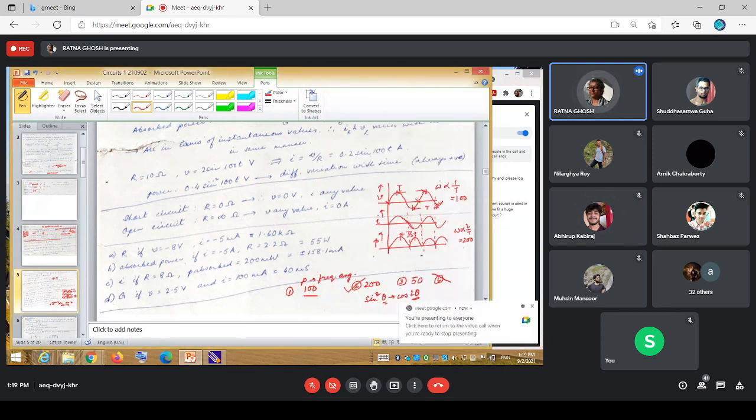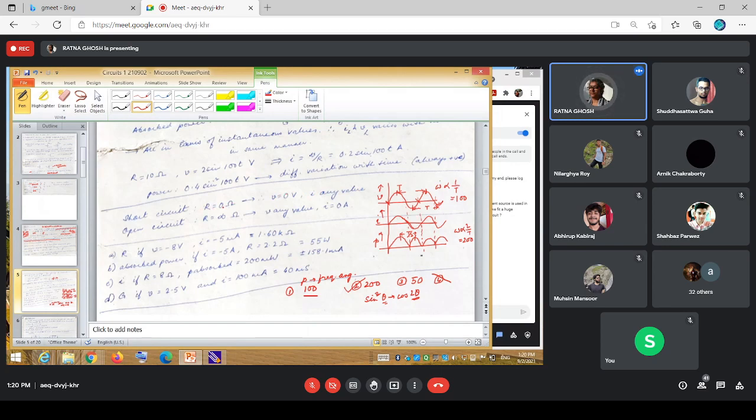Now, when we are talking of two extreme cases, short circuit or open circuit, in terms of resistance values, short circuit means resistance is 0. Open circuit means resistance is infinite. When you say a resistance is 0, that means V is equal to IR, so irrespective of the amount of current flowing through that circuit, you don't have any voltage being recorded across the circuit.